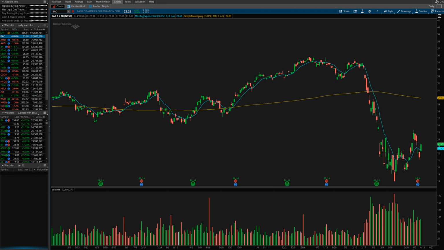Now I have a chart in front of me, Bank of America. This is a daily chart of Bank of America. Daily chart means that each candle represents 1 day. Right now there are over 300 candles, or about 1 year worth of data.